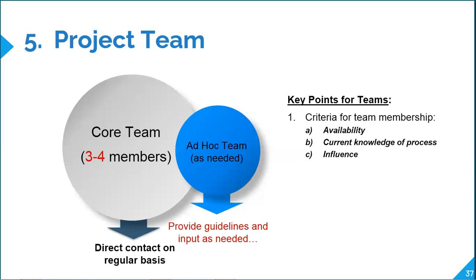Not only availability, but also current knowledge of the process. They have to know the process inside out, end to end, every aspect of the process. So they have to be knowledgeable about the process. And finally, influence. Influence is like authority to gather information. Whenever we need information, they're supposed to have the authority to gather it.